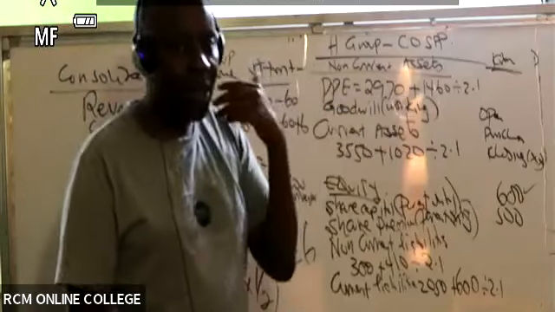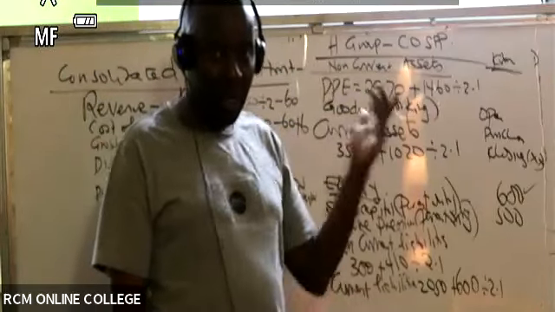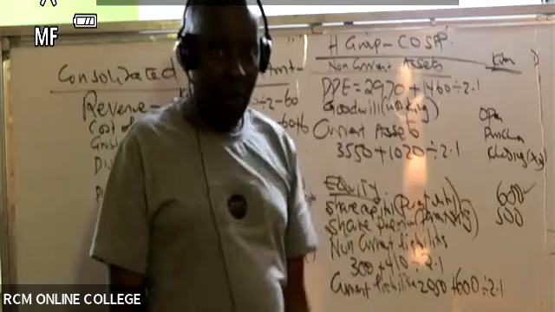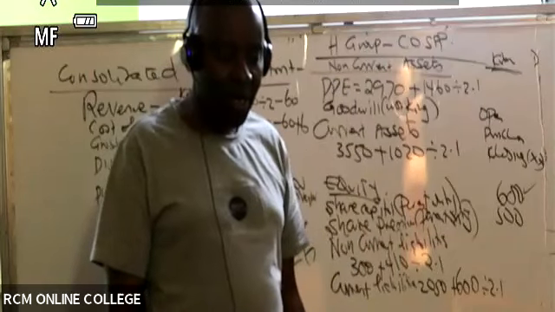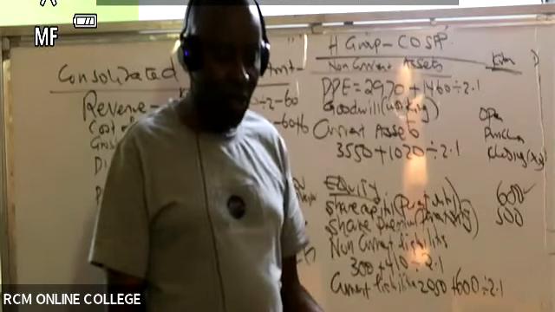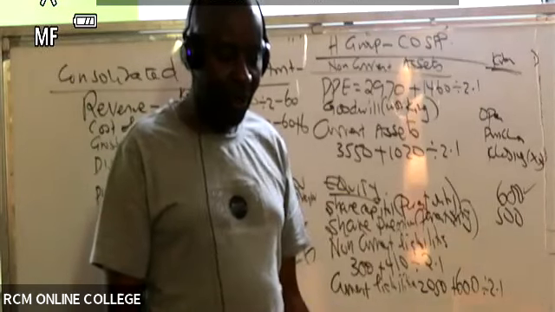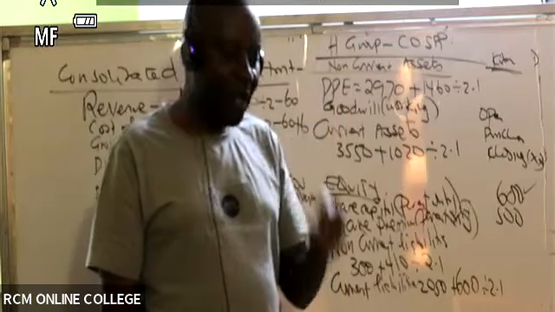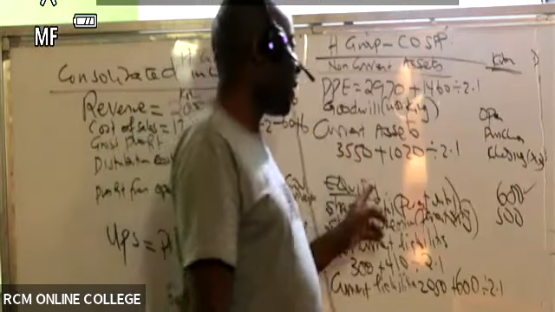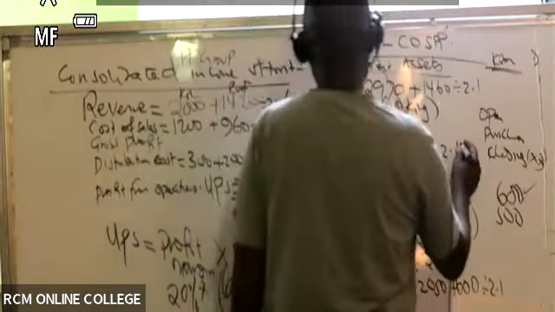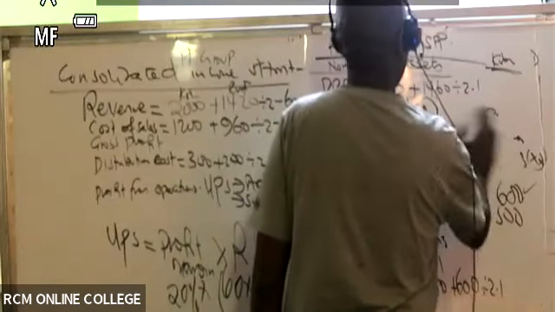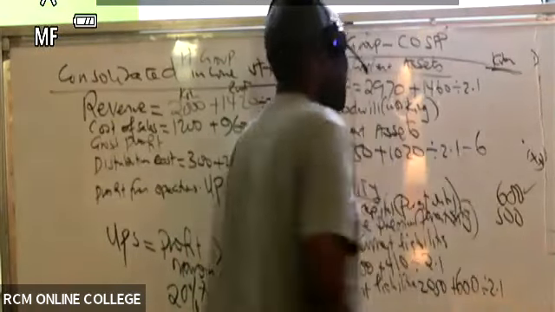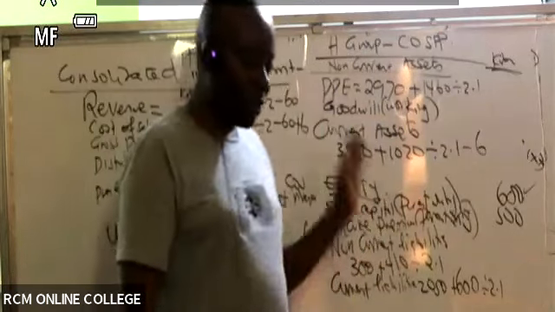I cannot see inventory in my balance sheet. So if I can't see inventory in my balance sheet, what should I do? Should I start crying? Inventory is in the current assets. So come to these current assets, and you subtract.